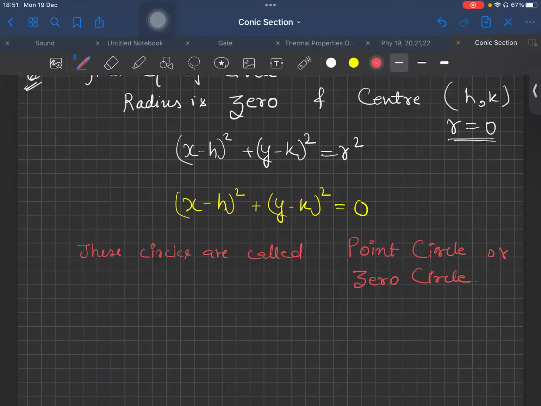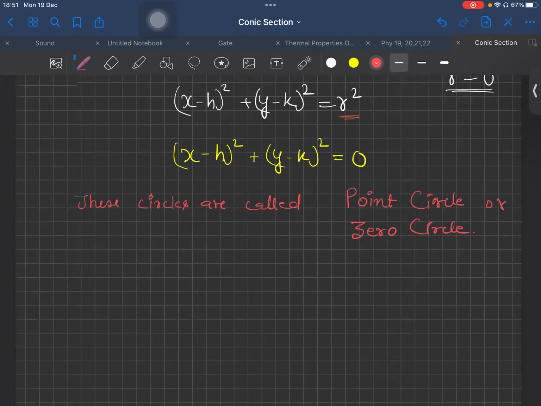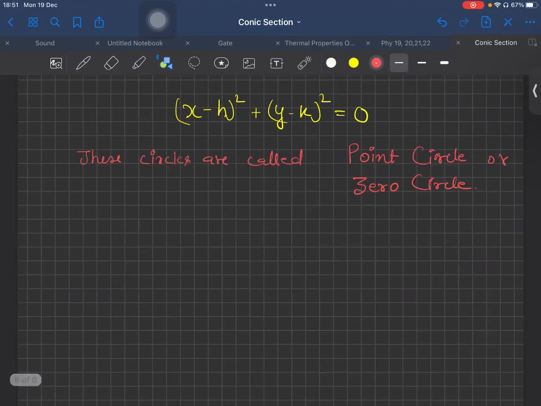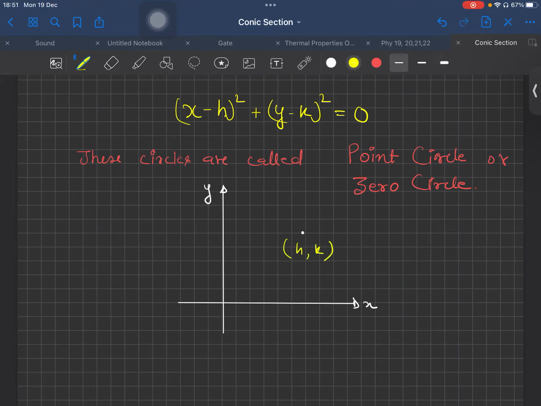Got it? Because if the radius is 0, what type of circle will you get? Shreya, what circle will you get? Point. With the radius 0, you will only get a point, right? You will not even get anything else. So you will only get a point, a dot. And the dot where? At h, k, right? This is the circle you are getting. All right.